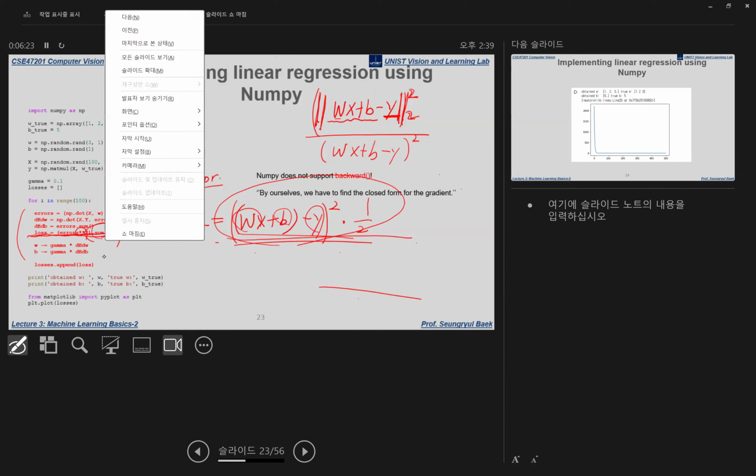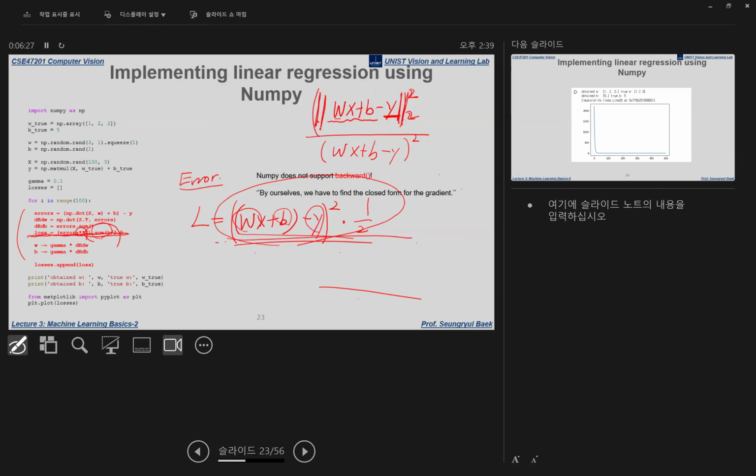This summing is over all the training samples. If there are n training samples, then we have to sum over these n samples. This is our final loss. But the things we have to calculate are these two values.